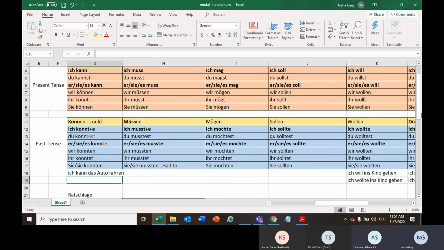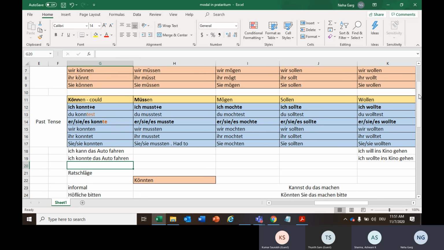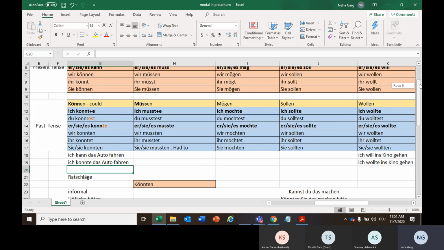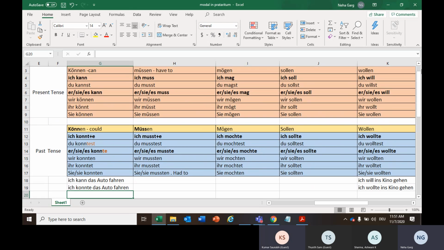I can drive that car. Then ich konnte das Auto fahren. I could drive that car. Maybe you're talking to somebody who did not allow you to drive their car, and then you are telling somebody else, I could drive the car. Ich konnte das Auto fahren.